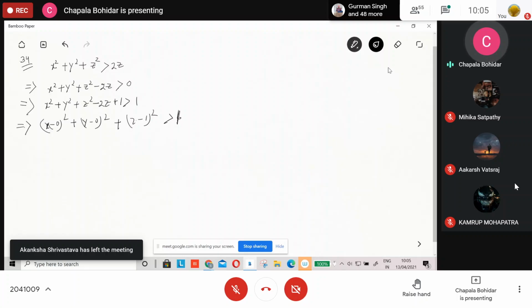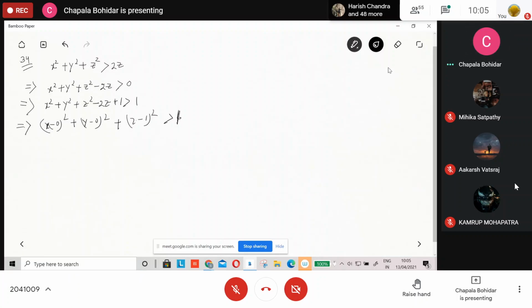So what do you say this one is, in your language? Can anybody say? Ma'am, center is 0, 0, 1 and radius is 1.